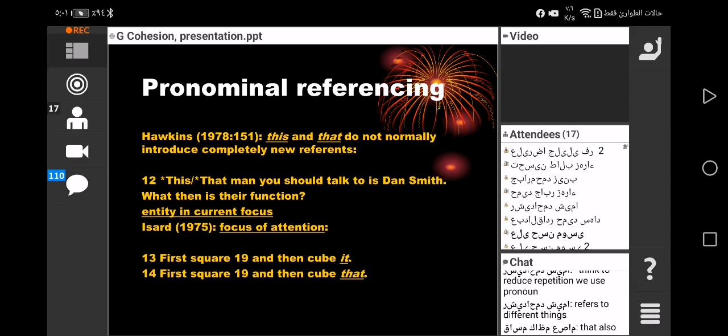First square 19 and then cube it. First square 19 and then cube that. Which one would you say?